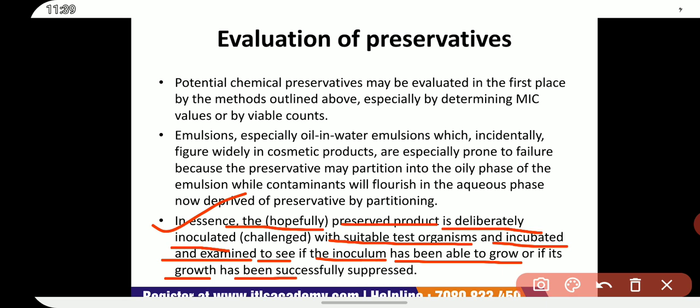Different performance criteria are laid down for injectable and ophthalmic preparations, topical preparations, and oral liquid preparations.